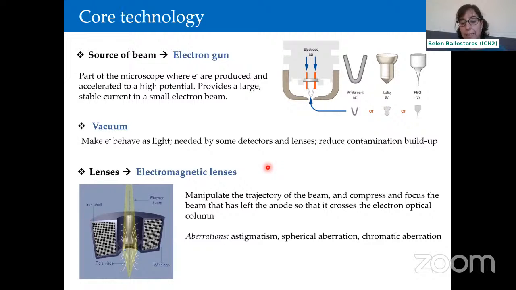I will talk a bit later about this, but electromagnetic lenses have aberrations, and this is going to limit the resolution. The most common aberrations are astigmatism, spherical aberration, and chromatic aberration. So this is going to limit the resolution we are going to get in the microscope.